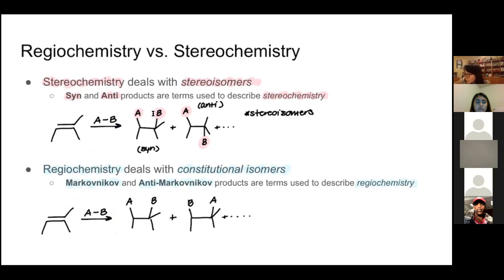And they have some friends, but we don't care about them. In this case, A is on the left, B is on the right. But on the other product, B is on the left, A is on the right. So these are not stereoisomers. They're actually regioisomers, or you can call them constitutional isomers. In this case, Markovnikov and Anti-Markovnikov don't really apply because, again, this is A and B, there's no H. But just know that when we talk about Markovnikov and Anti-Markovnikov, that has to do with regiochemistry.